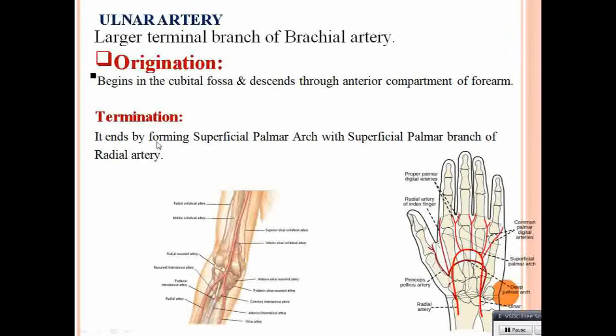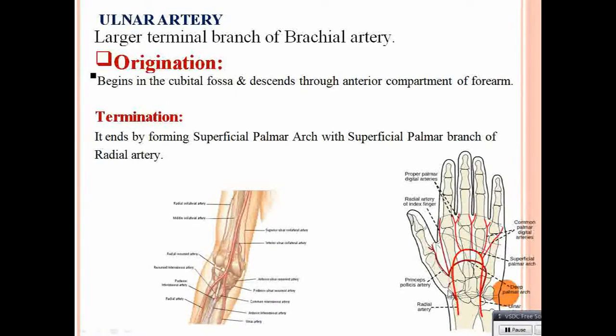Now termination, it ends by forming superficial palmar arch with superficial palmar branch of radial artery. Now ulnar artery, it reaches the wrist region, it goes to the hand and it forms superficial palmar arch along with an artery that is coming from radial artery. Radial artery, I said, it goes to the posterior aspect.